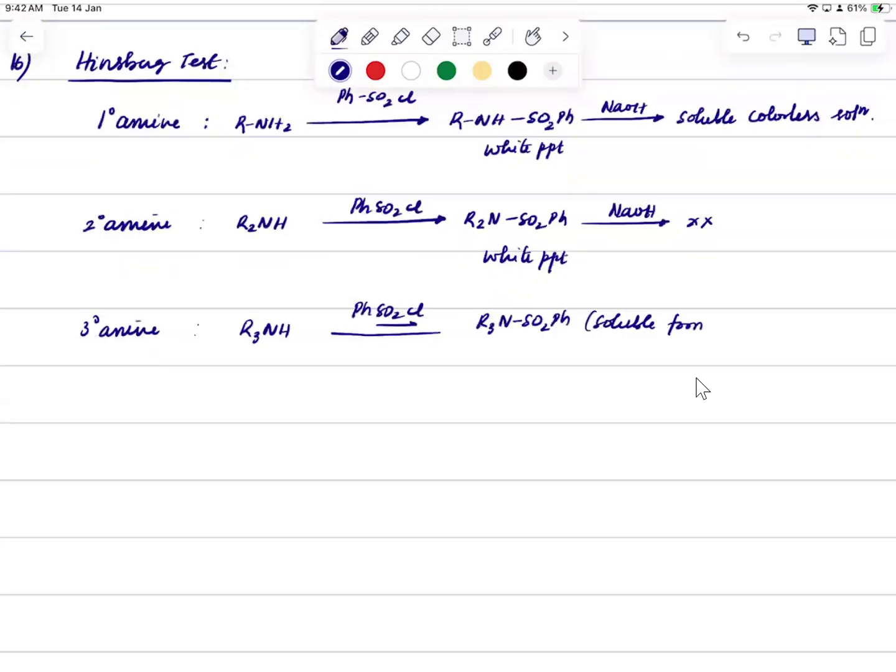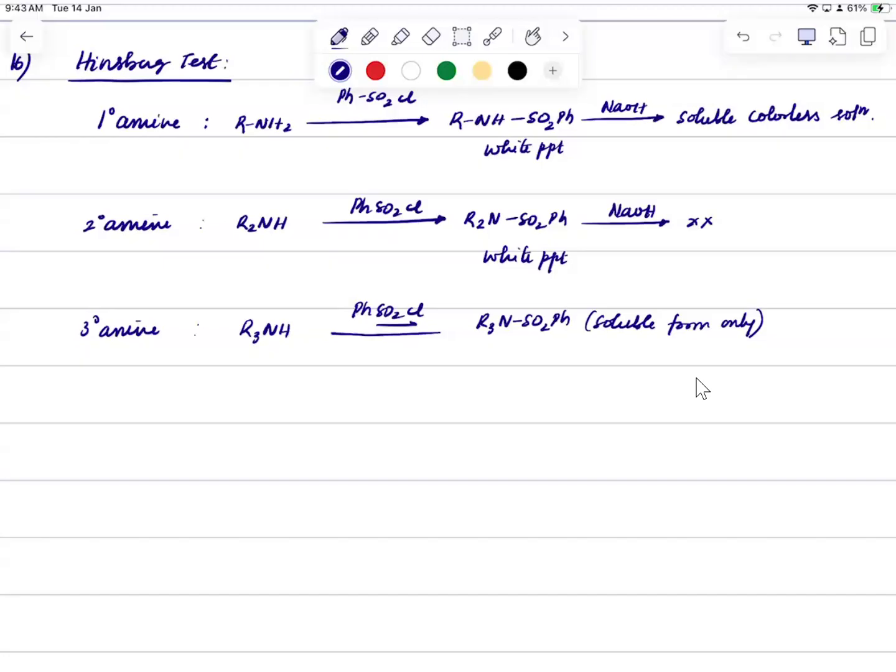Okay. So the question could be asked very smartly. If the question is asked, and the best option out of the given options is no reaction, you can go for it for 3 degree. Because it is almost equivalent to saying there is hardly any reaction happening here.